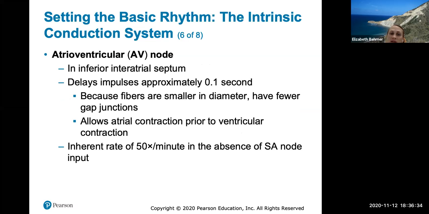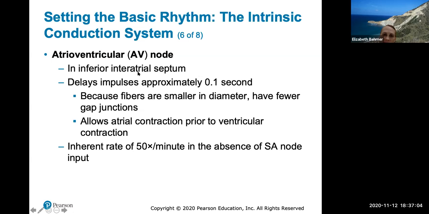The AV node is in the inferior interatrial septum, so it's located at the base of the right atrium in the wall that separates the two atria. In the AV node, it will delay the impulse that's coming from the SA node for approximately a tenth of a second. This slowing of the impulse will allow the atria to contract and give time for the ventricles to fill with blood before they contract.